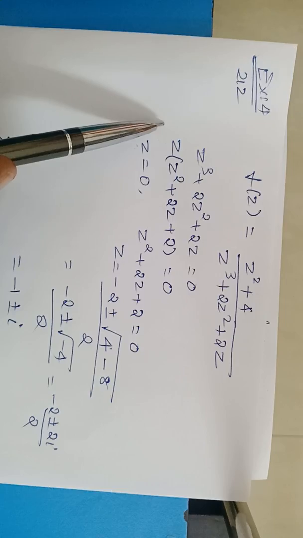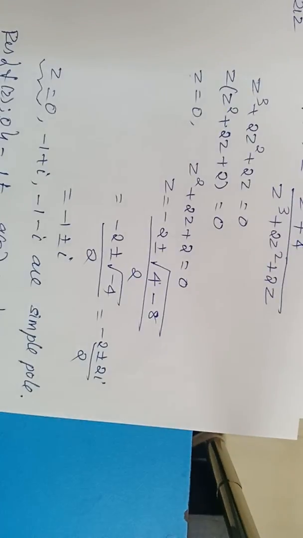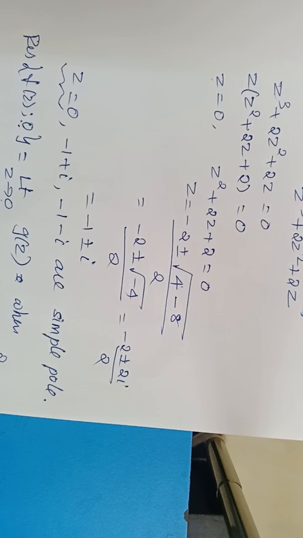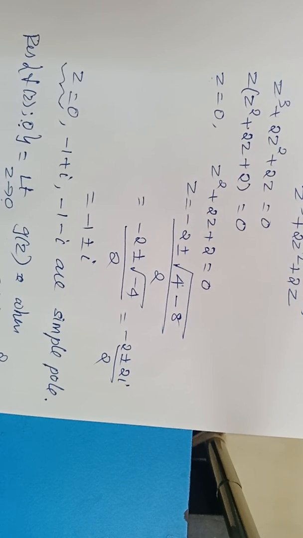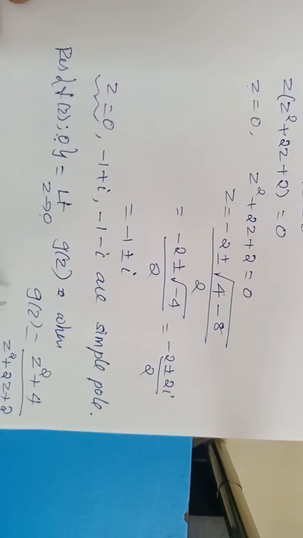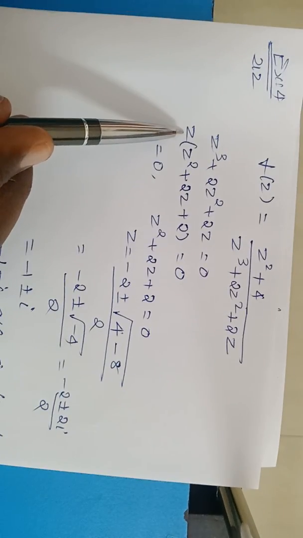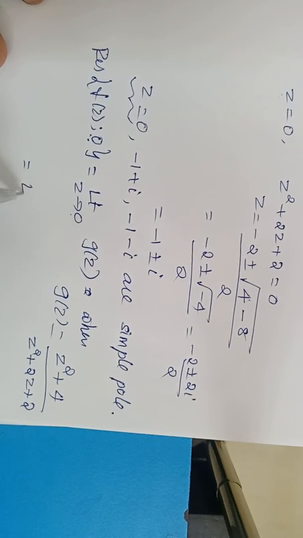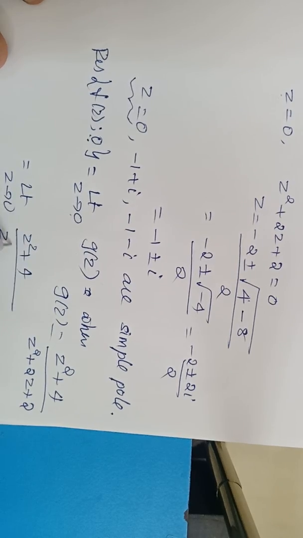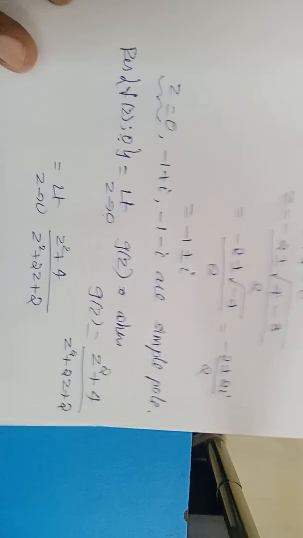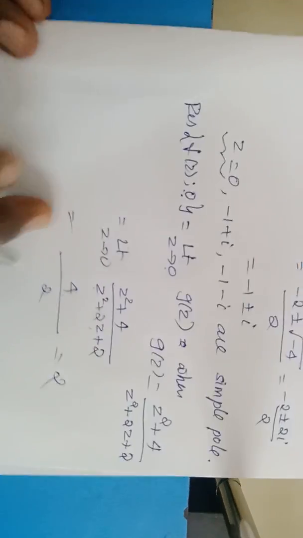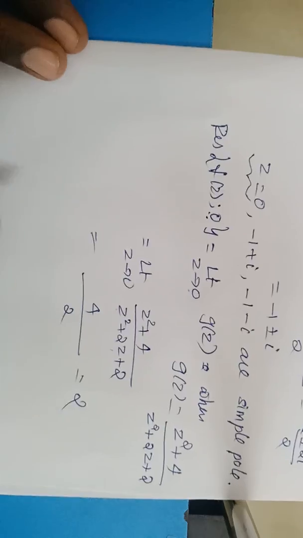You just omit this and write all other remaining expressions of f of z as g of z. Now the limit as z tends to 0 of (z square plus 4) divided by (z square plus 2z plus 2). Applying the limit, 4 by 2, answer is 2. So the residue at the point 0 is 2.